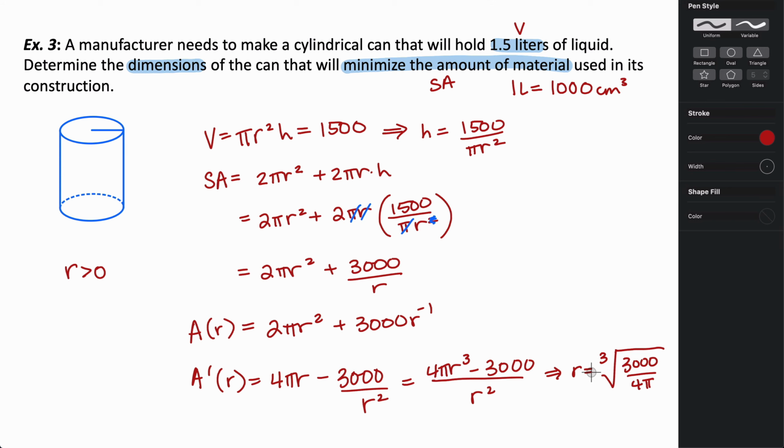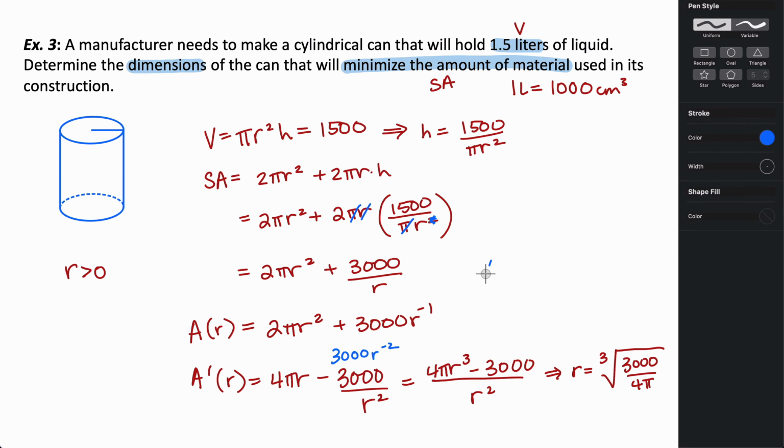And if we wanted to determine if it was in fact a maximum, you could do the second derivative test. Sorry, not a maximum, but a minimum. So for the second derivative test, we could take the derivative of this here. Again, I would think of this as 3,000 times r to the negative 2.